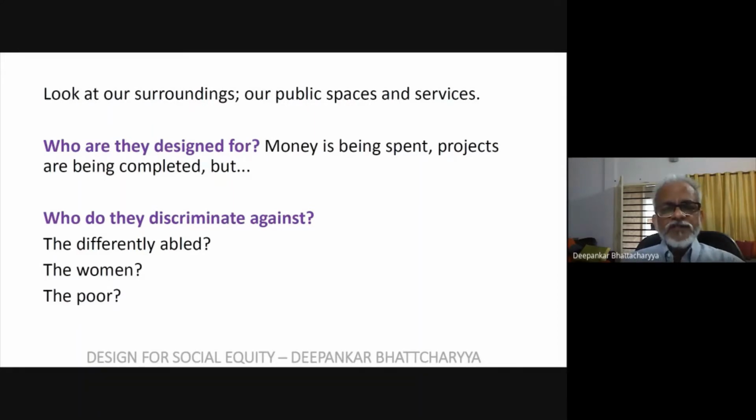Apart from that, because we have never been consulted on any of these projects that have come up in our public spaces, there is a lot of discrimination, especially against those who have not been able to raise a voice so far. Some of them who come to mind are the differently abled, for example, women, for example, the poor, for example.